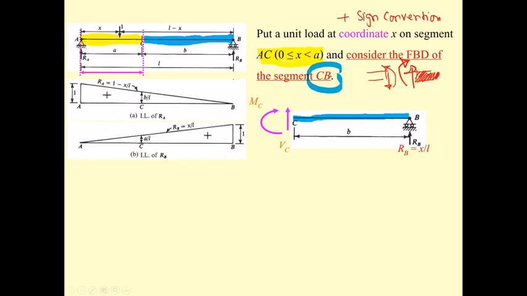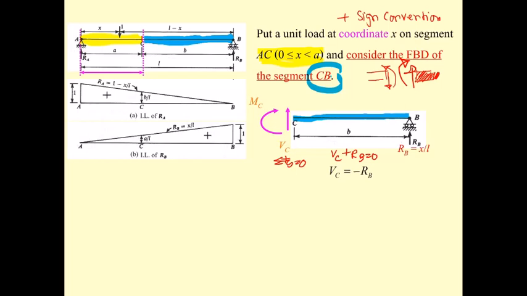So summation of F sub y equal to 0. You may see this one, if you do the summation of F sub y equal to 0, V sub C is up, and R sub B is also up, equal to 0.